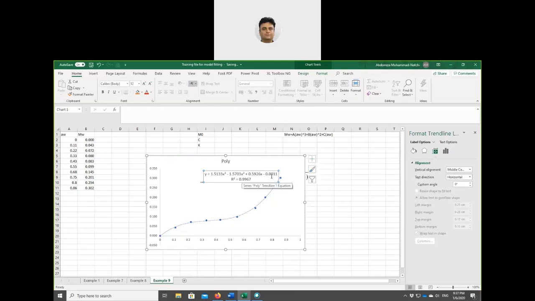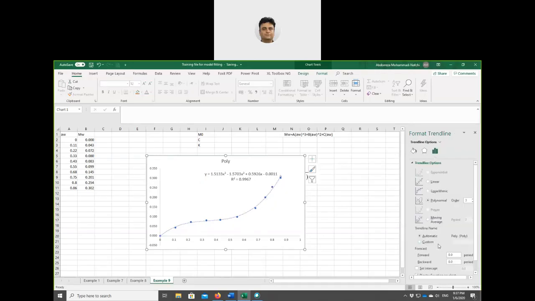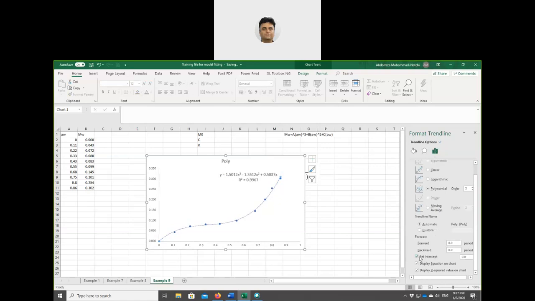But as you know, here we have one constant in the model. I don't want this constant. So for this reason, I need to put the intercept as 0. It means that when x is 0, y should be 0. So press the tick here, set intercept as exactly 0.